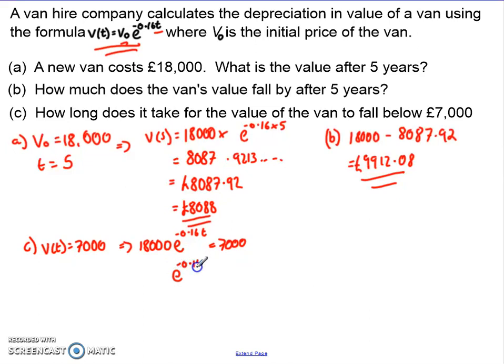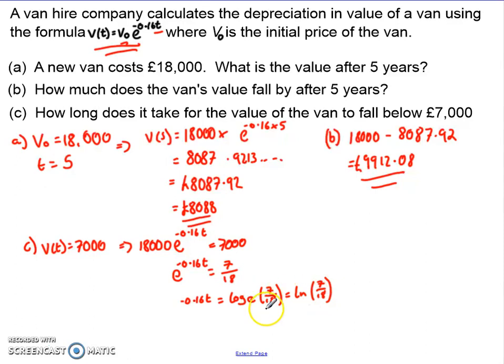So it's e to the negative 0.16t equals 7,000 divided by 18,000, that simplifies to 7 over 18. To get rid of the e on this side and shift it over here, we take our log to the base e again, of 7 over 18. Again, that's still the equivalent of ln, your natural logarithm, 7 over 18.